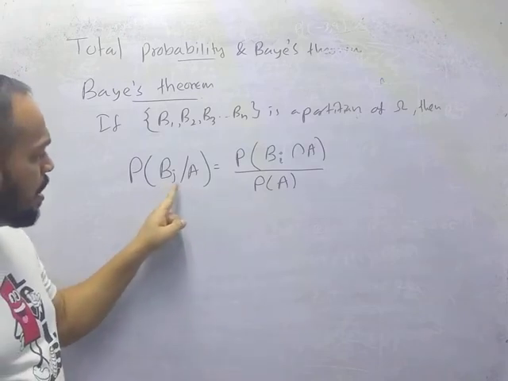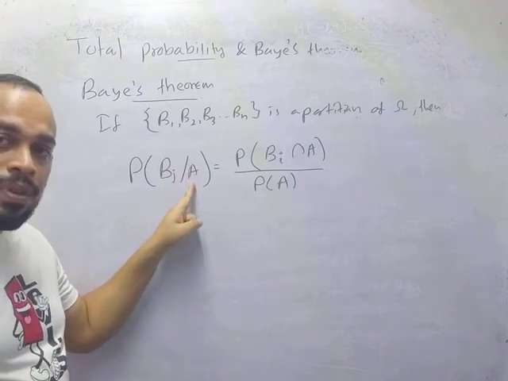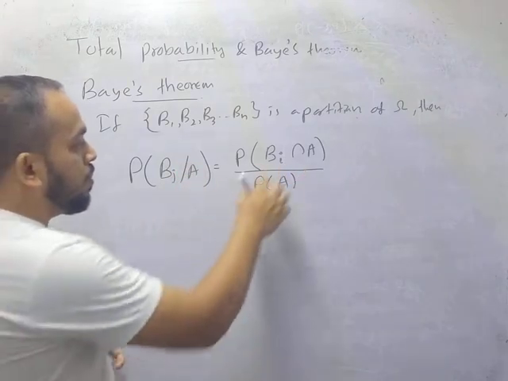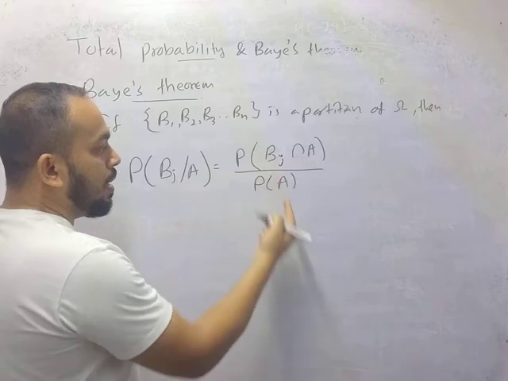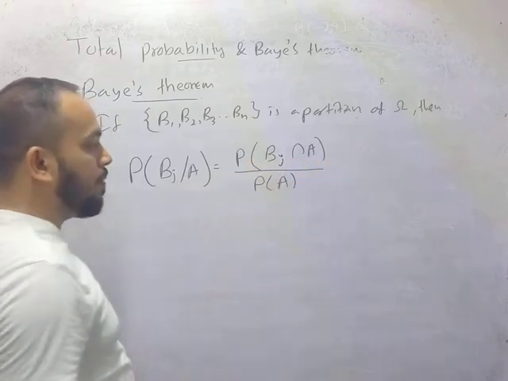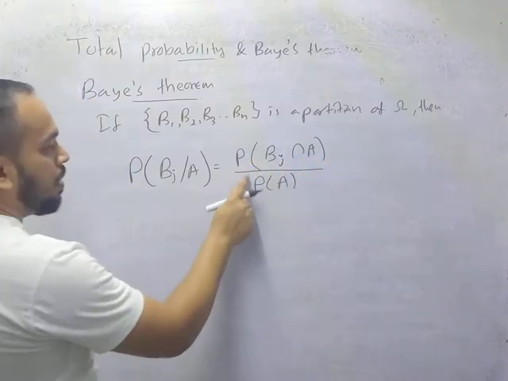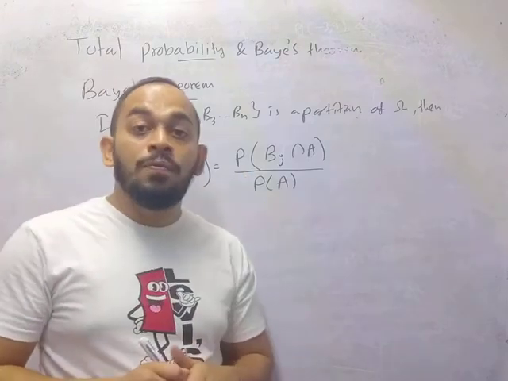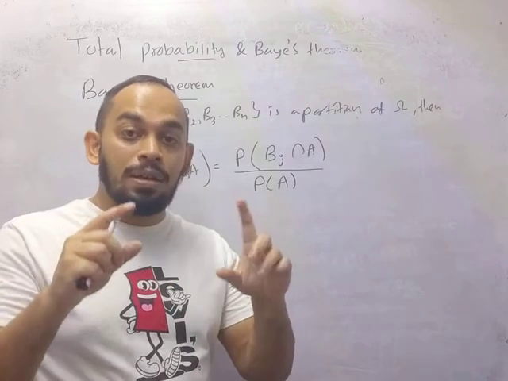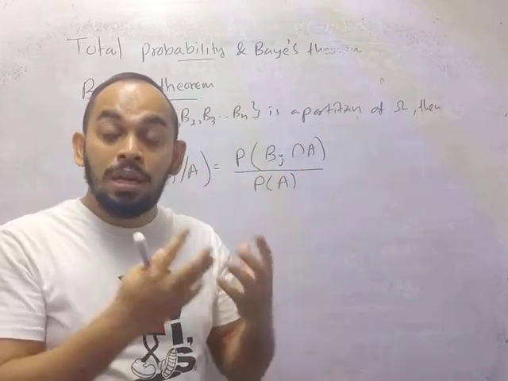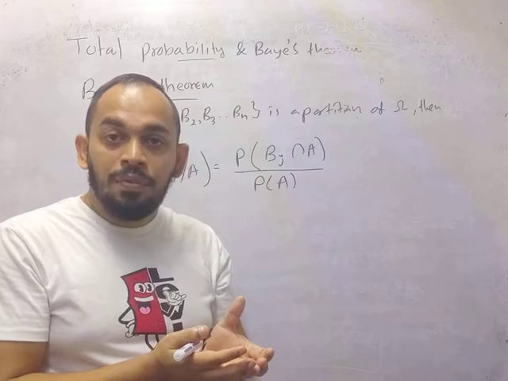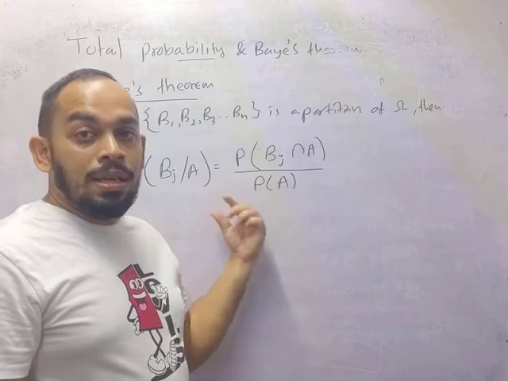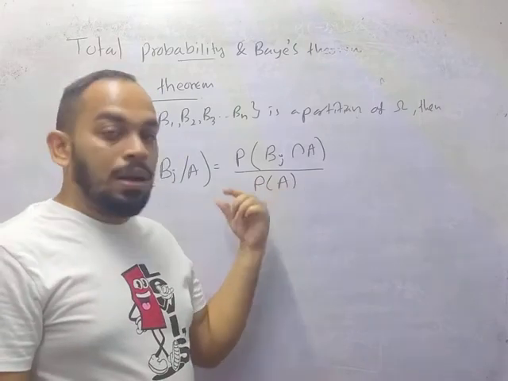So P of Bj given A must be equal to the intersection between these two, Bj intersection A, divided by PA, right? This is one way. Suppose you have found PA in the first case, under total probability, from the use of the partition. If that is the case, you can definitely substitute that value.